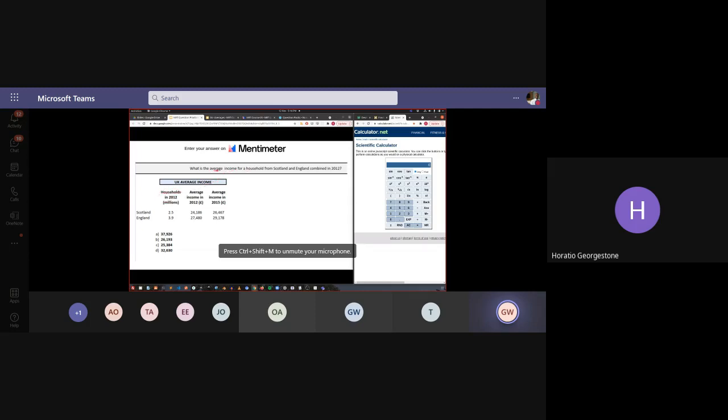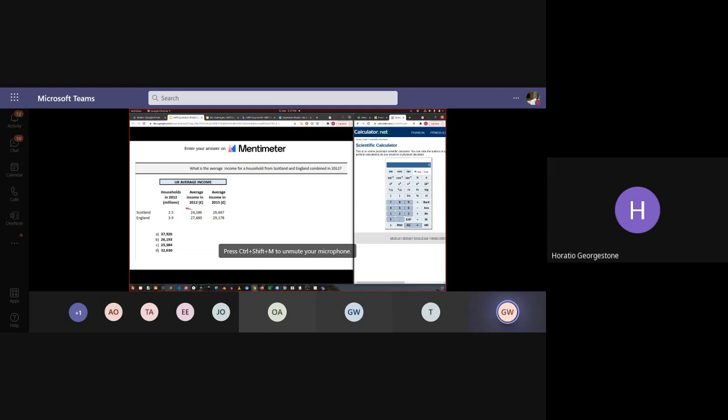By the way, if they just say average, you have to assume they mean mean rather than mode or median. It's quite common that people just use the word average for mean. If they want the average income for a household, then the individual item is a household. If we just had two households and it said what's the mean, then you would just add the values together and divide by 2, the number of households.